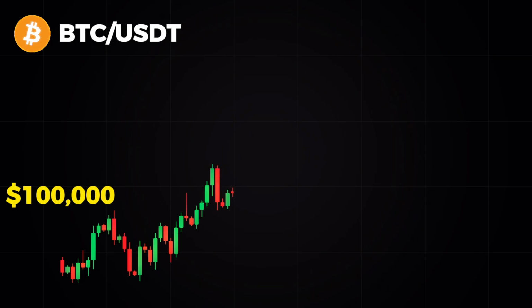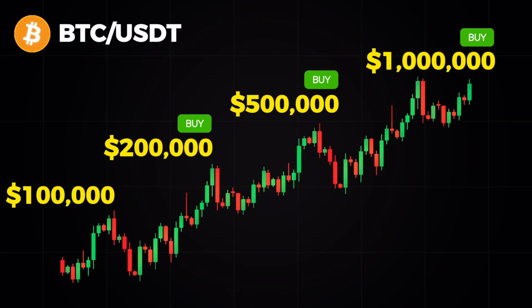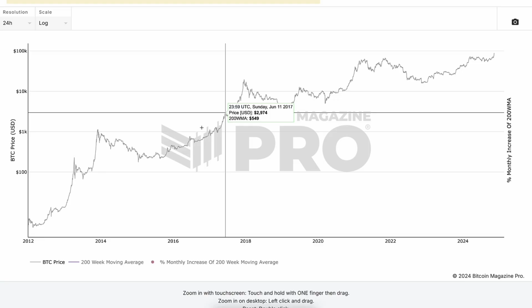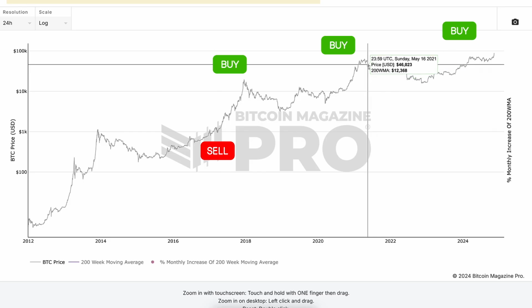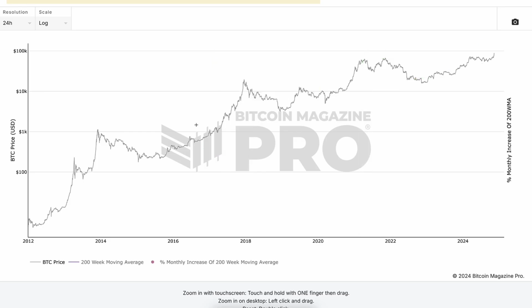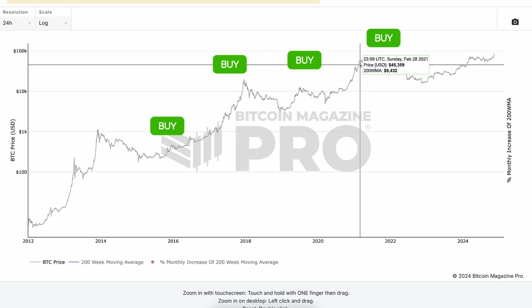If the BTC price would be $100,000 for one Bitcoin and you sell it, eventually you will probably buy it when BTC price is 200,000, $500,000 or 1 million. That usually happens to most people. They sell when they have made the small profits, but then they end up buying much higher. So a better strategy would be, of course, just continue buying regularly and doing that DCA that we have been talking about.